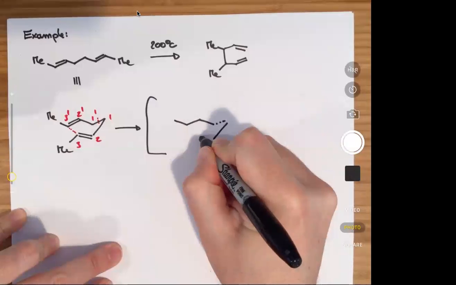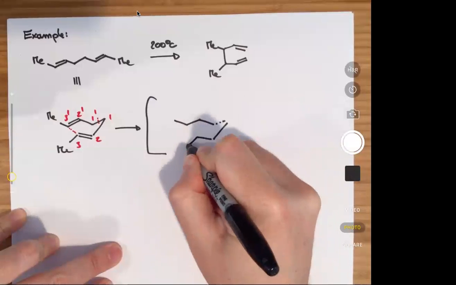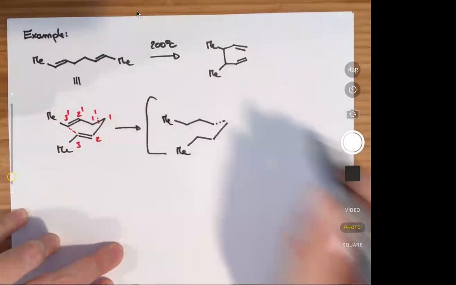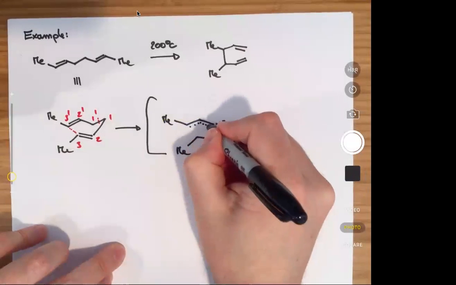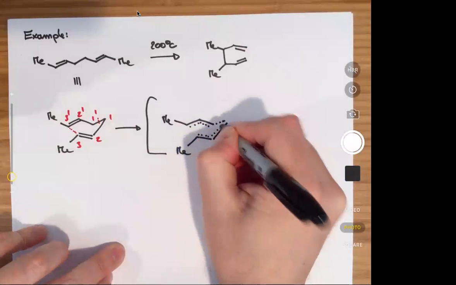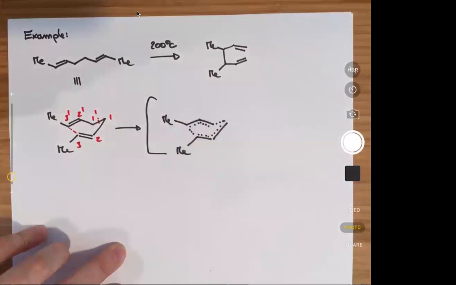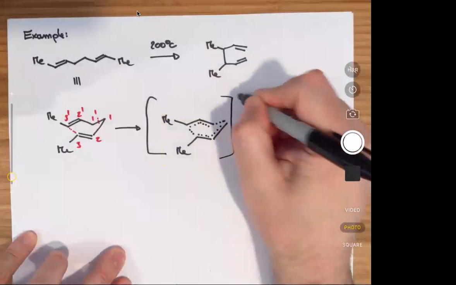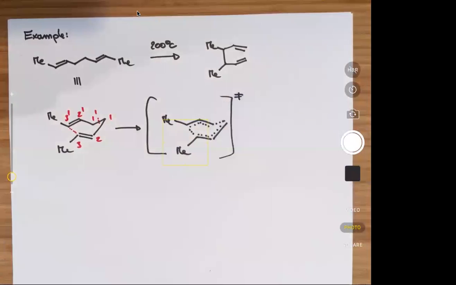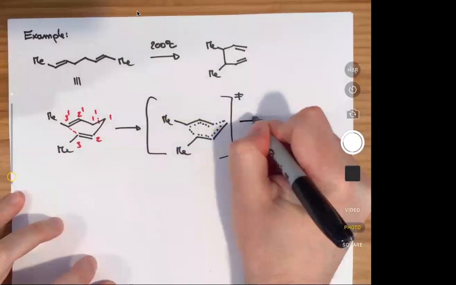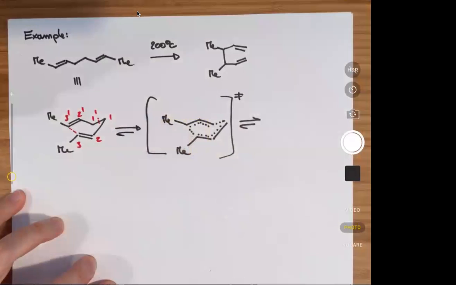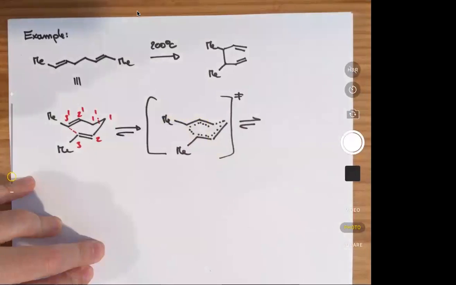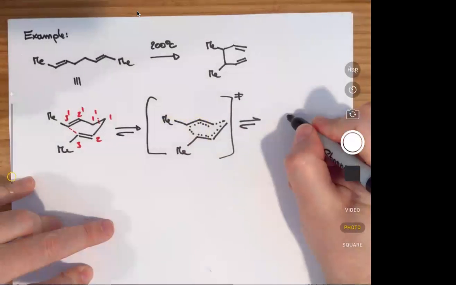And then down, down, methyl, methyl, and we can add the extended pi system and the new bond that is forming as part of this. So this would be essentially our six-membered ring transition state. And if we follow this through, I should have drawn this as an equilibrium arrow here. Then we basically get the rearrangement product out of this.